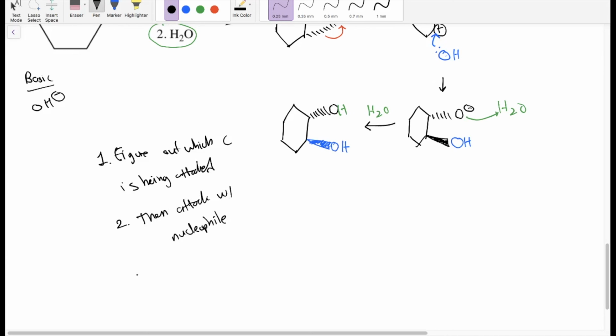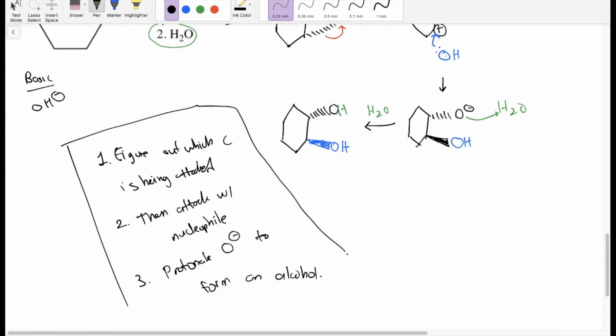Then the last step is protonate the O minus to form an alcohol. Okay, these 3 steps are essentially the key to solving these problems. Okay.